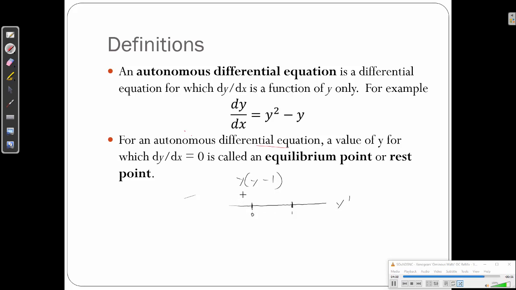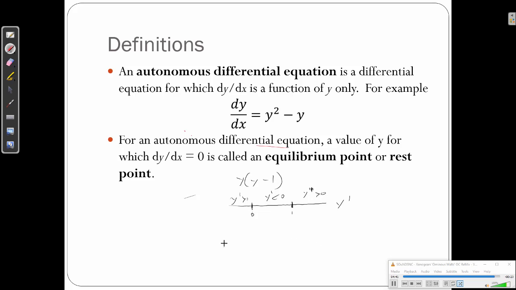For negative values, if I plug in a negative y value, this should be a negative, so the y prime would be positive here. In between these two, say you plug in 1/2, this would be positive, this would be negative, so y prime would be less than 0. And then over here, y prime would be greater than 0 again, because, say, plug in 2, positive times positive. Y prime greater than 0.